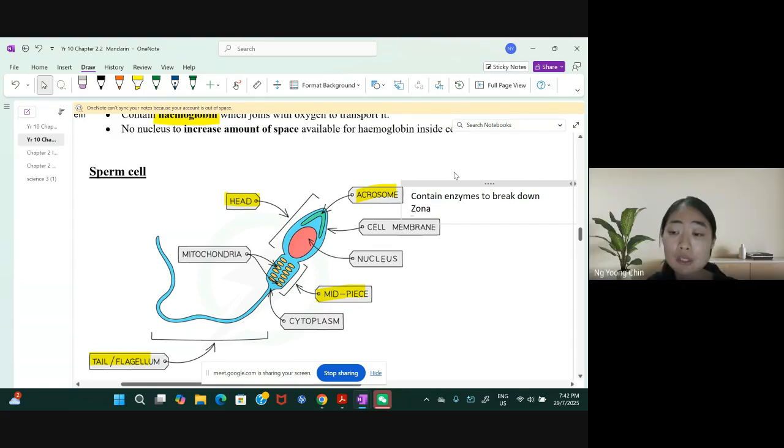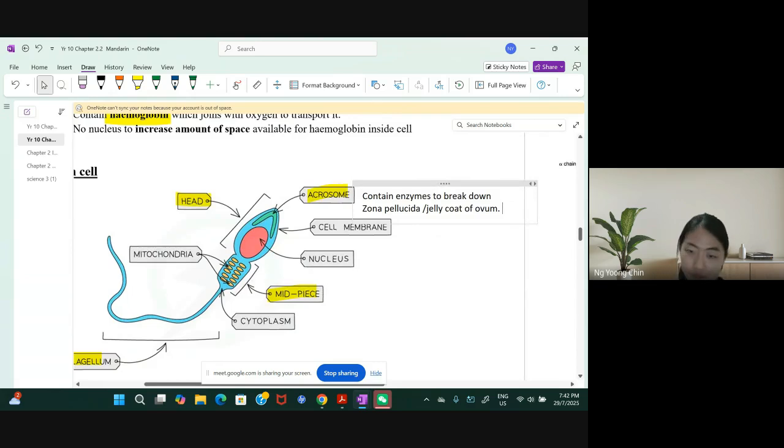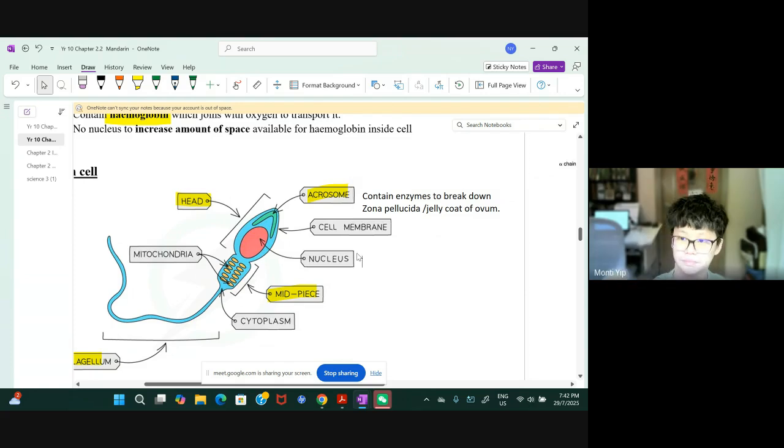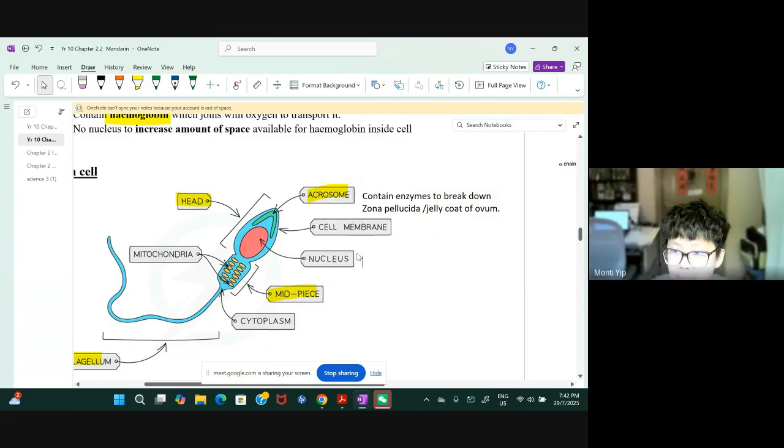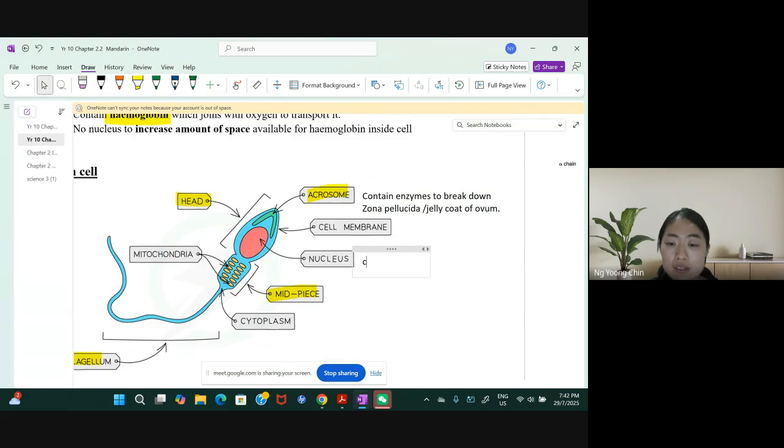Later I'll show you the zona pellucida, the hard, jelly coat of the ovum. This is how the acrosome works. The head also contains a nucleus with the genetic material, which is DNA.